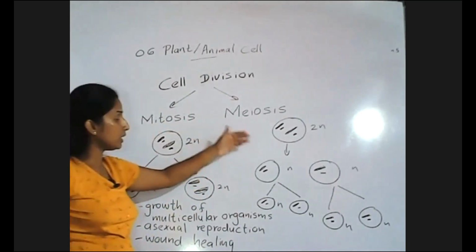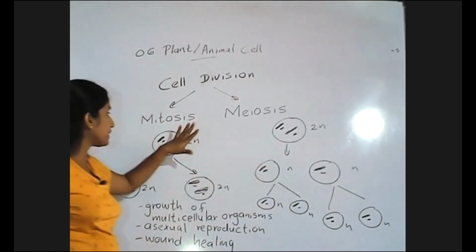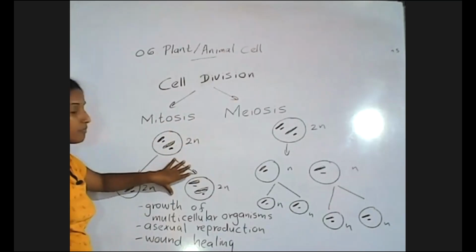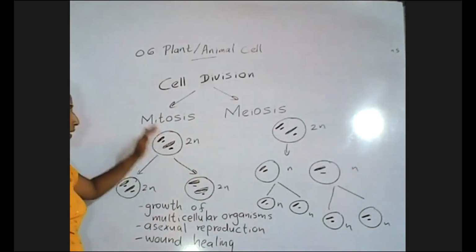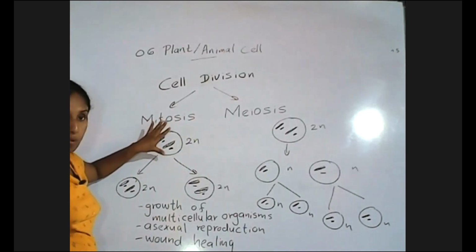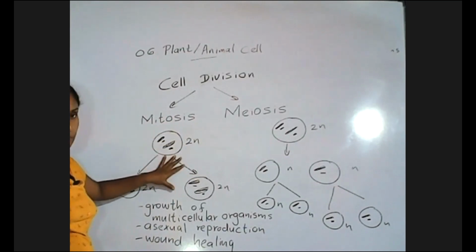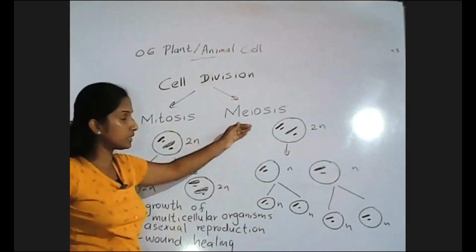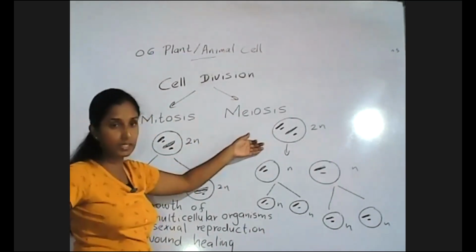In meiosis, 2 cell divisions are there, but in mitosis, only 1 cell division. Mitosis takes place in both haploid and diploid cells, but meiosis only takes place in diploid or 2N cells.